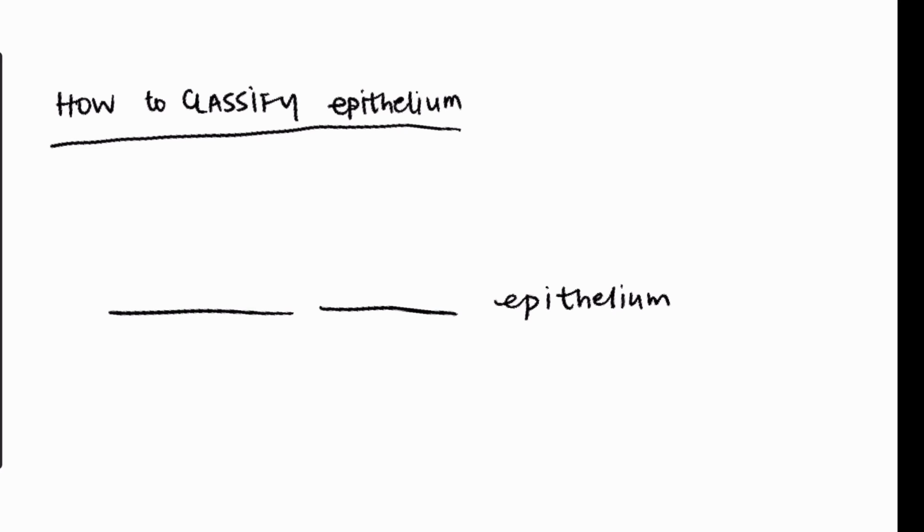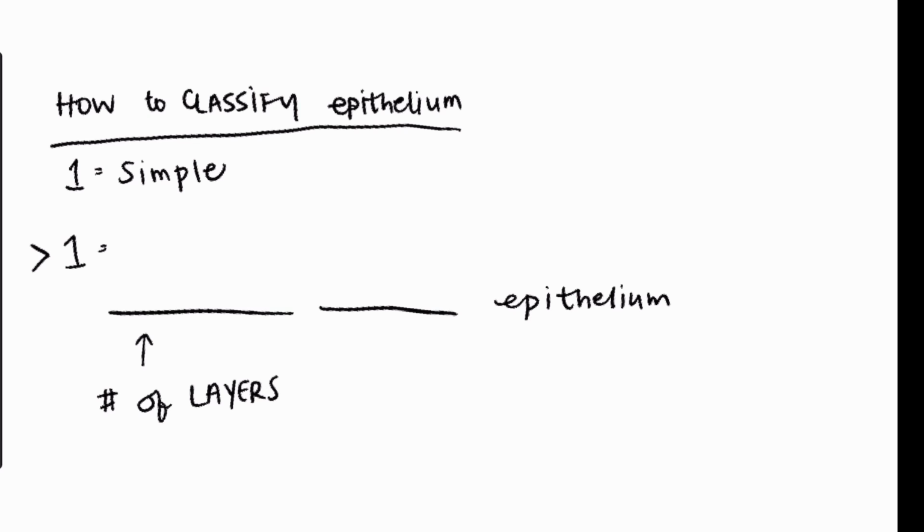So it's always going to be blank, blank epithelium. The first word has to do with the number of layers. If there's only one layer, it is called simple. If it's anything more than one layer, it's called stratified.